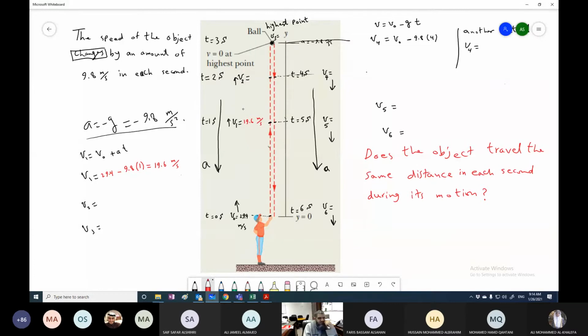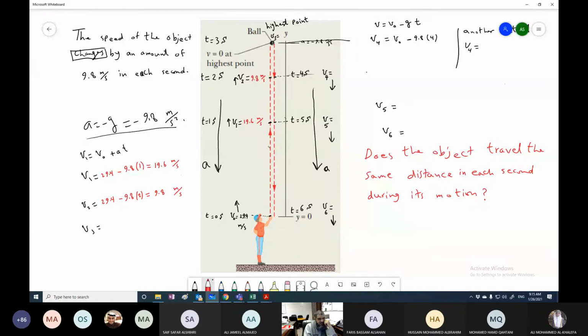What will be V2 when it reaches this point at t equal 2 seconds? V2 will be 29.4 minus 9.8 multiplied by 2. This will be 9.8 meters per second, and the direction is upward.